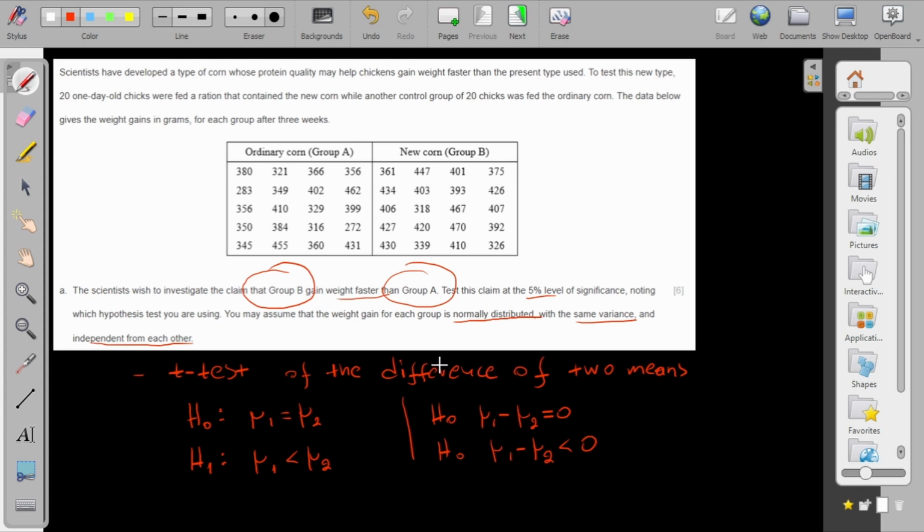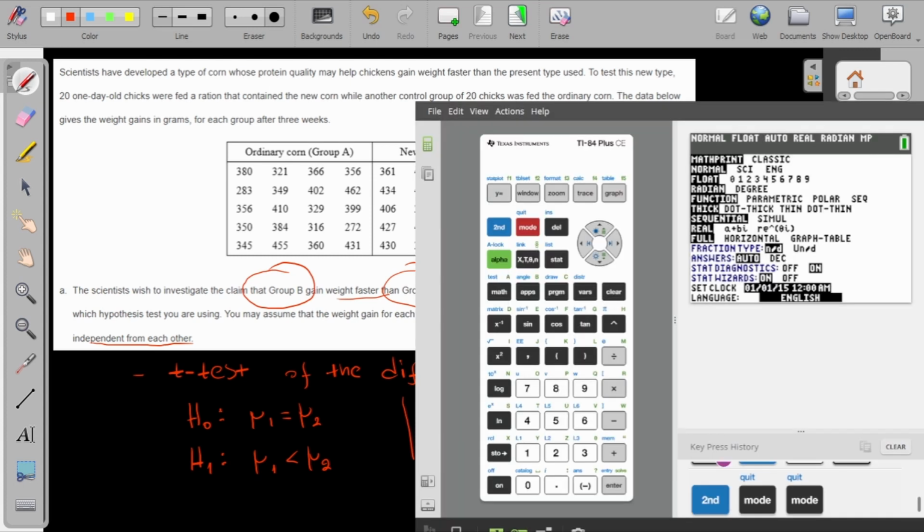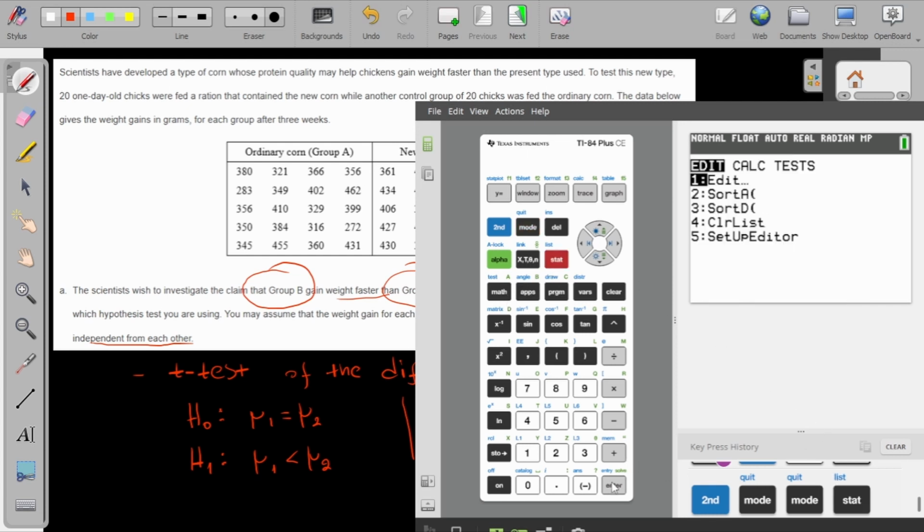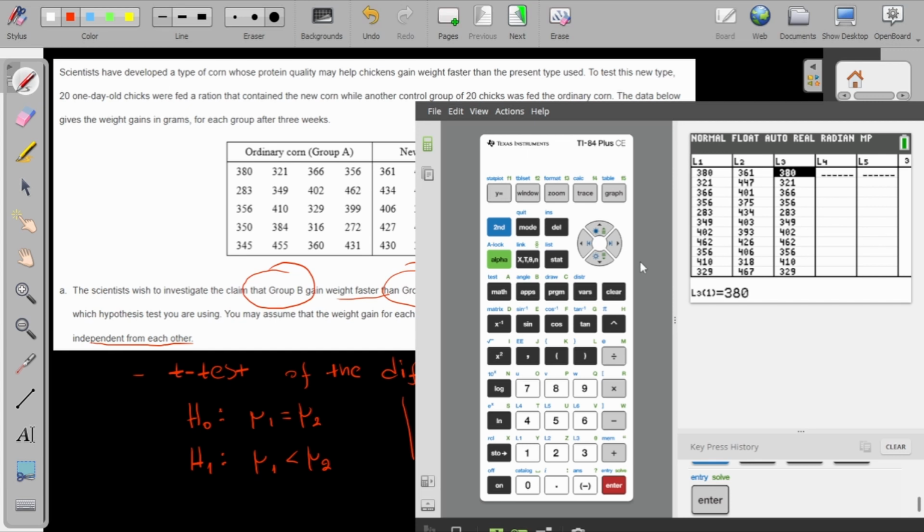I go to my calculator. Let me bring my calculator here. And now I should do what? I will go to my lists. Where is the list? Here. Edit. And as you see, I already input the data, so you have to do the same.